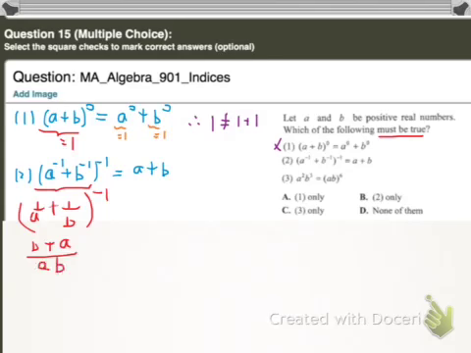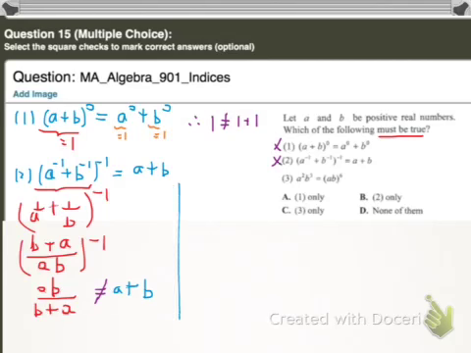So we now have an expression of a plus b over ab, all to the power of minus 1. And to convert that minus 1, we turn the numerator and the denominator upside down. So now we have our numerator as ab and the denominator as a plus b. Clearly, this does not equal a plus b. So again, statement 2 is incorrect.